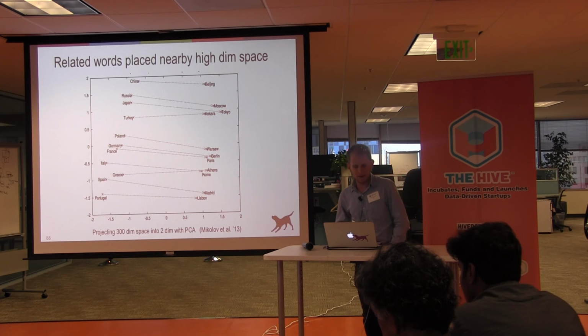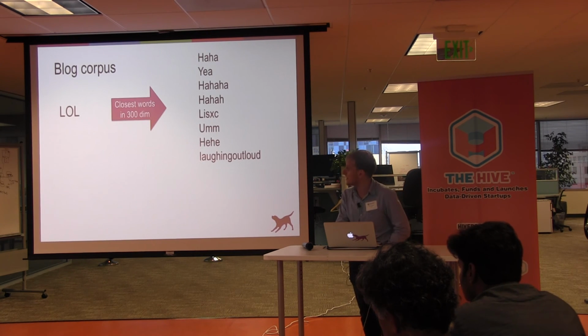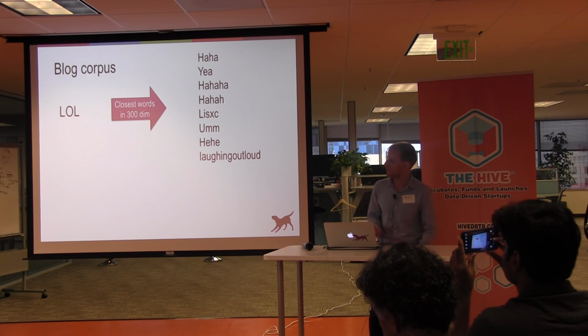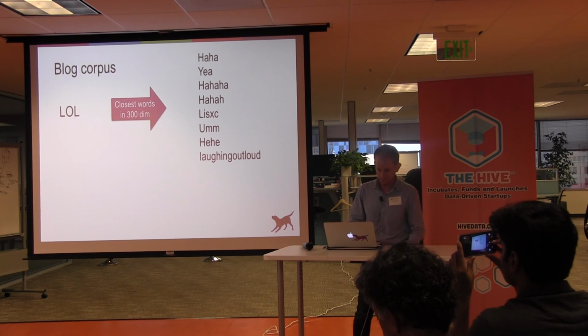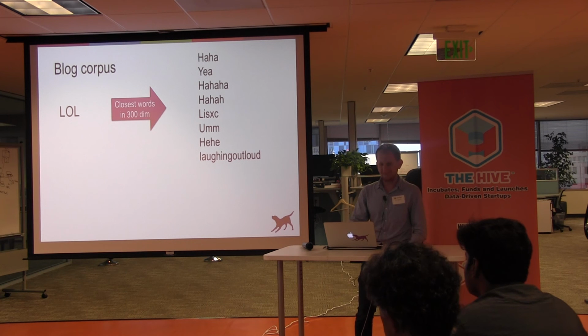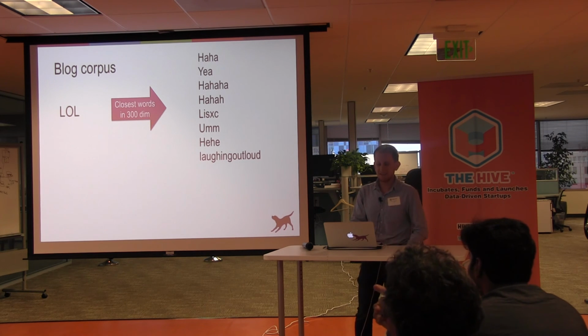But for a practical example, this is something that we trained on a blog corpus for one of our blog posts, actually. We found that the word lol, LOL, has nearest neighbors such as haha, yeah, ha ha ha, hee hee, laughing out loud.